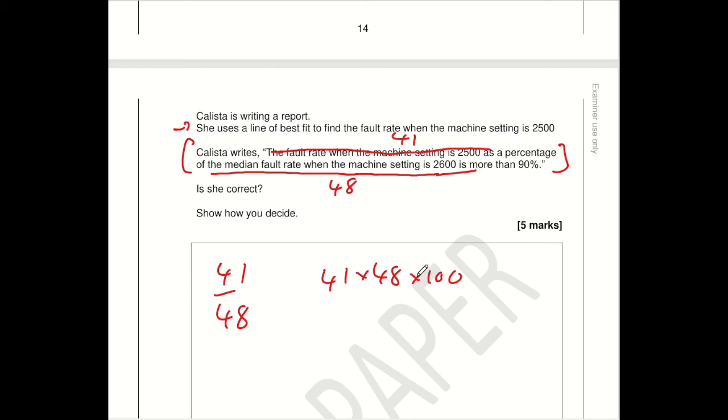So, oops, I've written times there, it should be divided. 41 divided by 48 multiplied by 100, that comes to 85.416%. So is she correct? No, she's not correct. The percentage is let's call it 85.4%, and that of course is less than 90%.